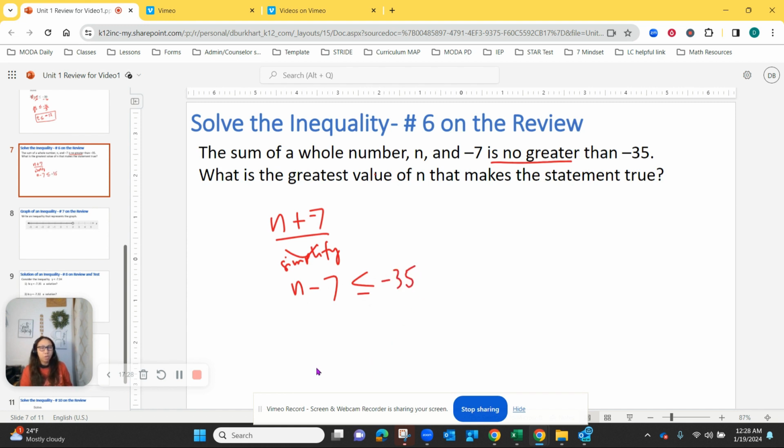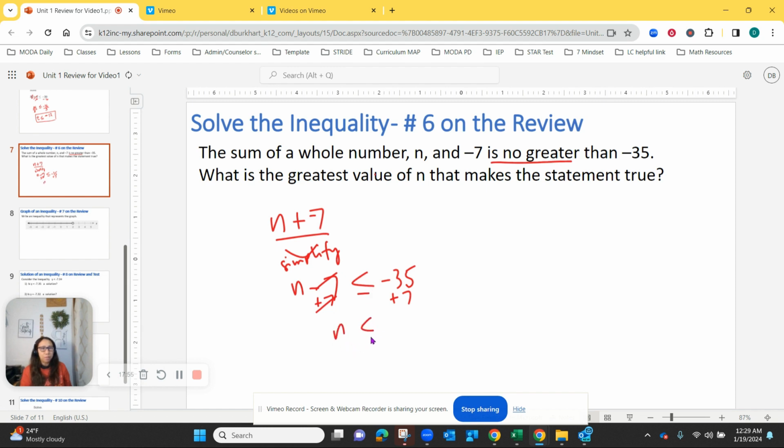So now to find the greatest value of n that makes this true, we are going to solve for the value of n. That means we are going to take the opposite of negative 7 by adding 7 on both sides. So minus 7 plus 7 on the left side cancels out. That makes n by itself on the left side.